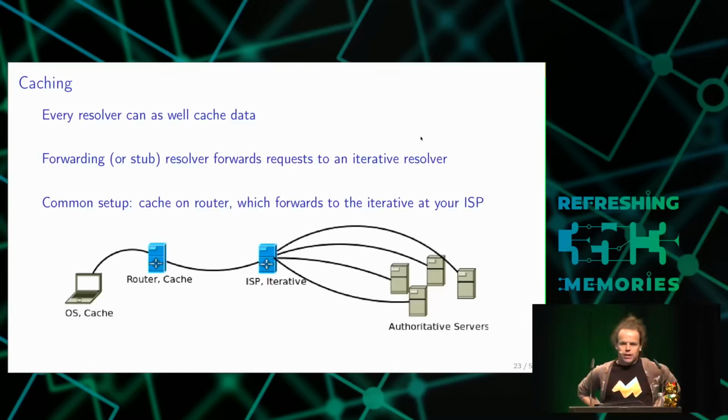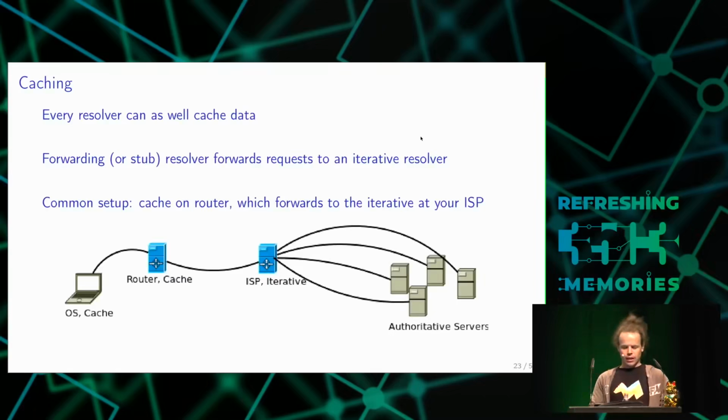What about caching? Since there is a time to live for every resource record set, every resolver can cache all the data and records and then reuse the cached data for new replies.